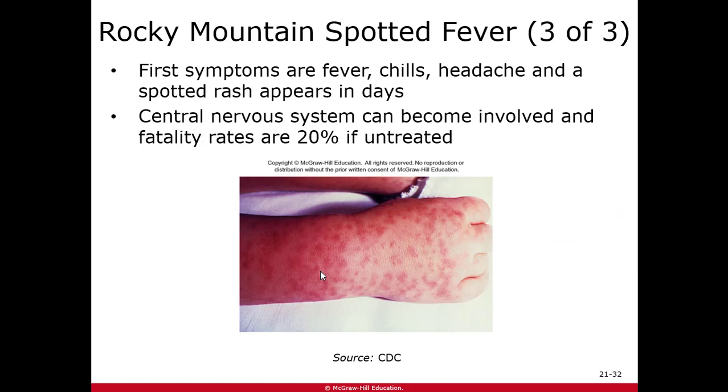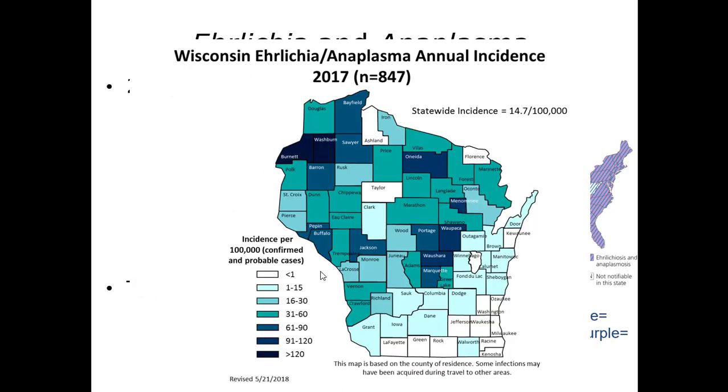And just like Rocky Mountain spotted fever, if left undiagnosed and untreated, it can be fatal. This is showing the most updated map I could find just for Wisconsin, and yes, we do have cases around here. The farther north you go, the more cases there are, but we do have cases of both Ehrlichia and Anaplasma here in Wisconsin and in our area.